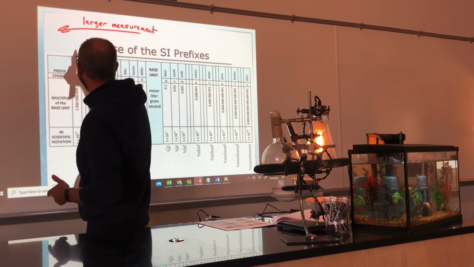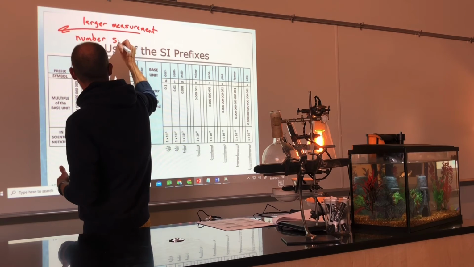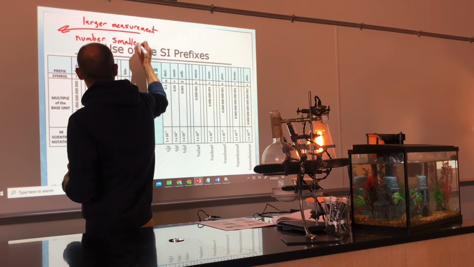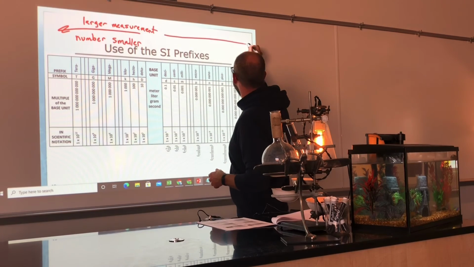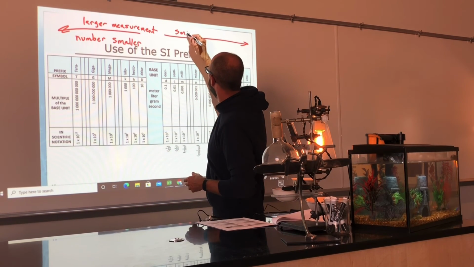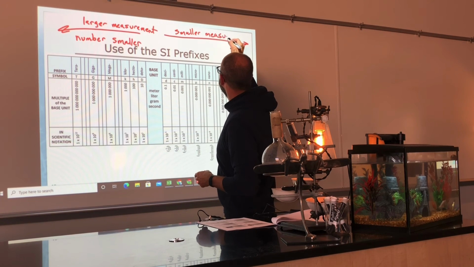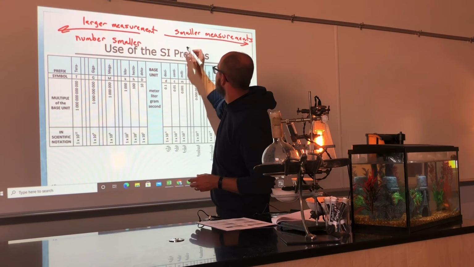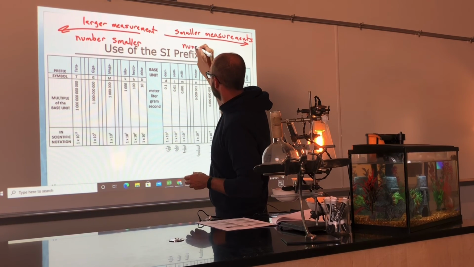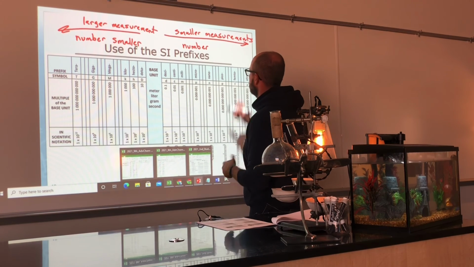Larger measurements make the actual number smaller. And over on this side, you use these for smaller measurements, and the reason why is they make the number larger. So you're not dealing with very tiny decimals, you're dealing with more manageable numbers.